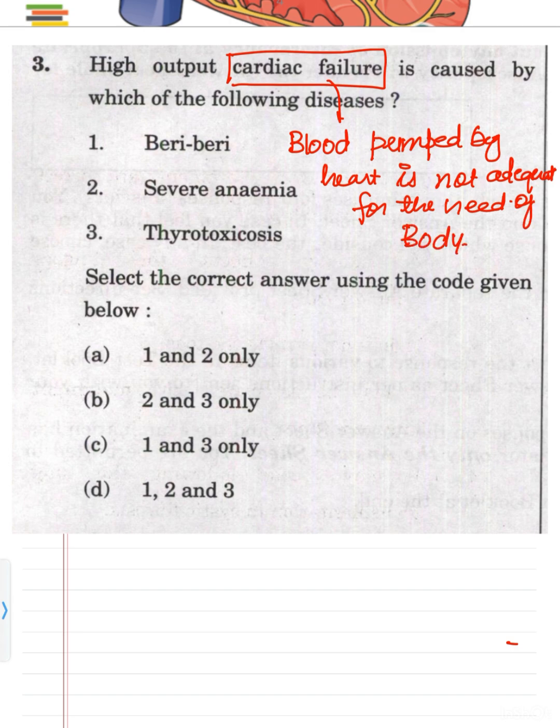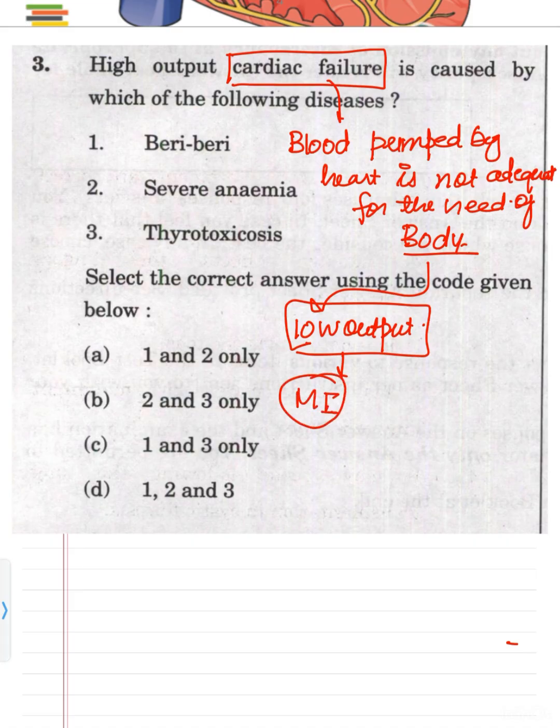This can be because of low output, that the heart is not able to pump the blood. For example, the heart is having some pathology. For example, after MI, there is damage to the myocardium and the heart is not able to propel the blood. So it will be known as low output. But there are certain conditions in which the heart is acting properly, but still it is not able to meet the demand, and the heart is having high output. The heart is increasing its output, but still it's not able to meet the demand. So it is known as high output cardiac failure.